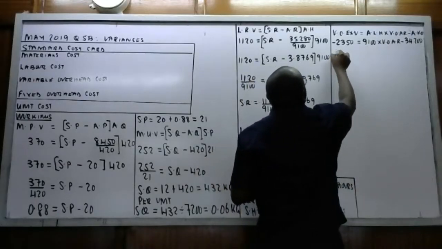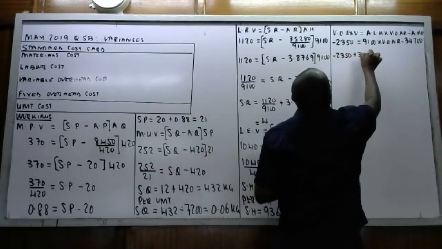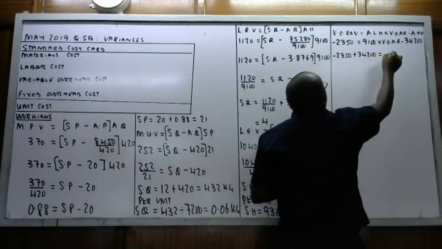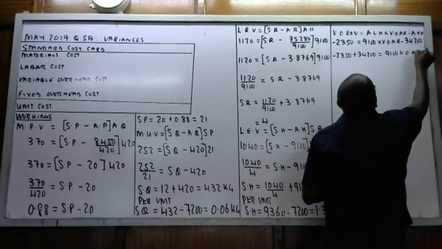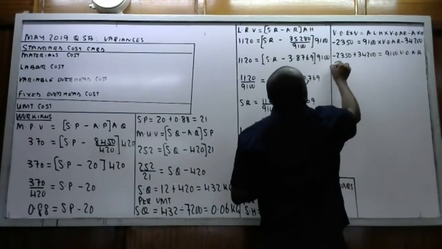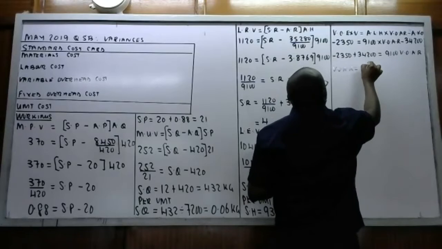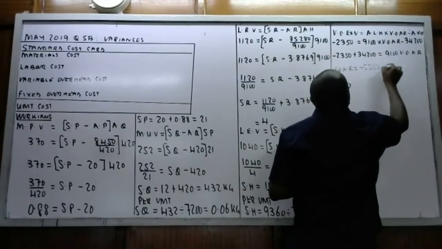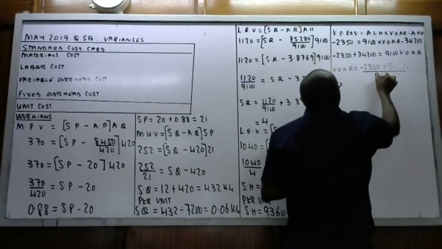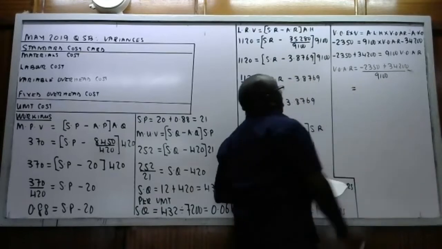So what I will have is that minus 2350 plus that 4,200 is equal to 9,100 VOAR. So if I want to be left with VOAR, then I will say minus 2350 plus that 4,200, you divide by 9,100.